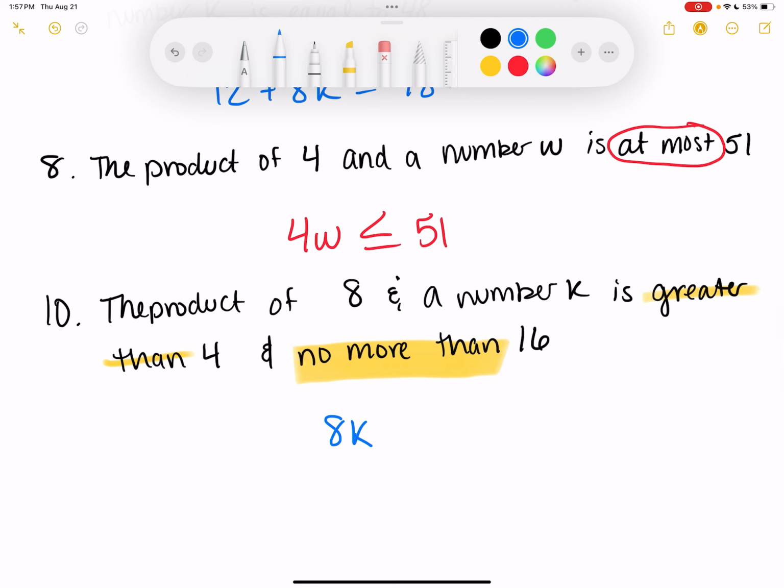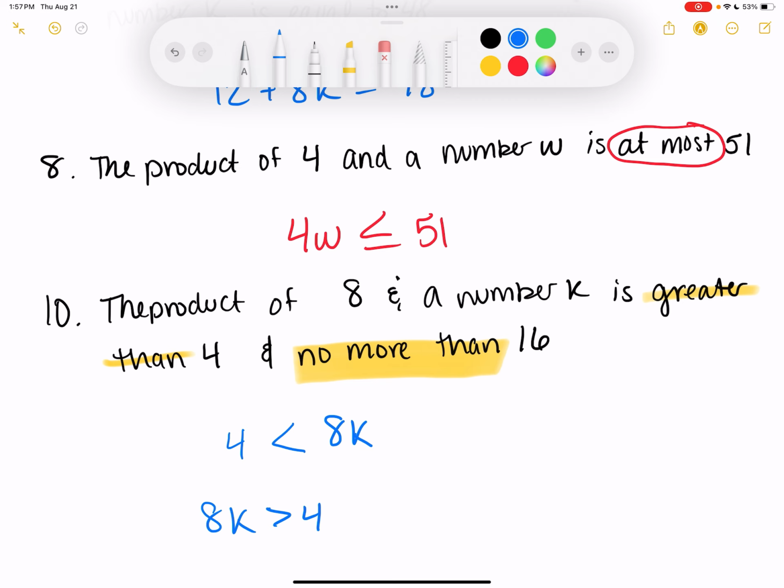Because it's got to be bigger than 4 and no more than 16. So if this 8k is bigger than 4, then that means that I need the mouth to open this way. So it's going to be written like a less than symbol, but in order of how you combine it together, okay, this has that 8k is greater than 4. So it would really look like this in how it's written up here, okay?